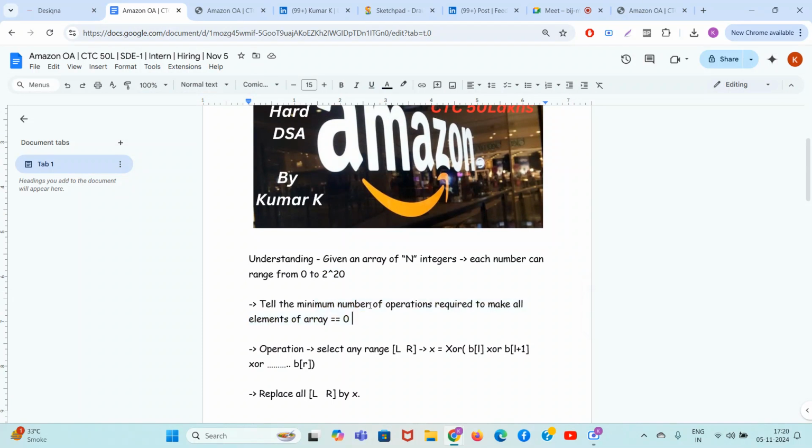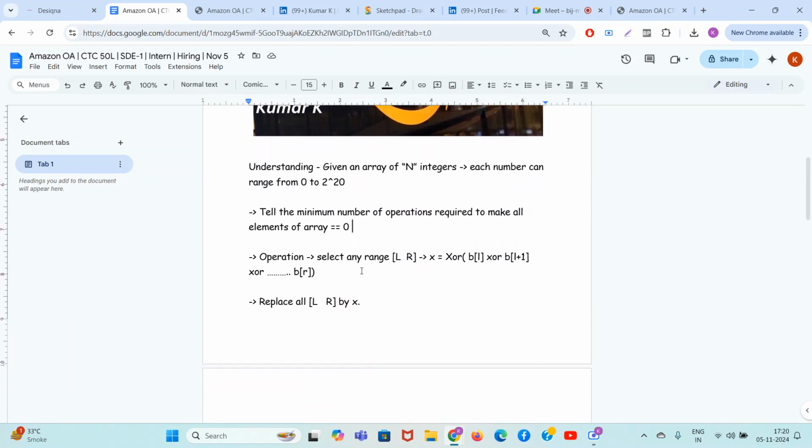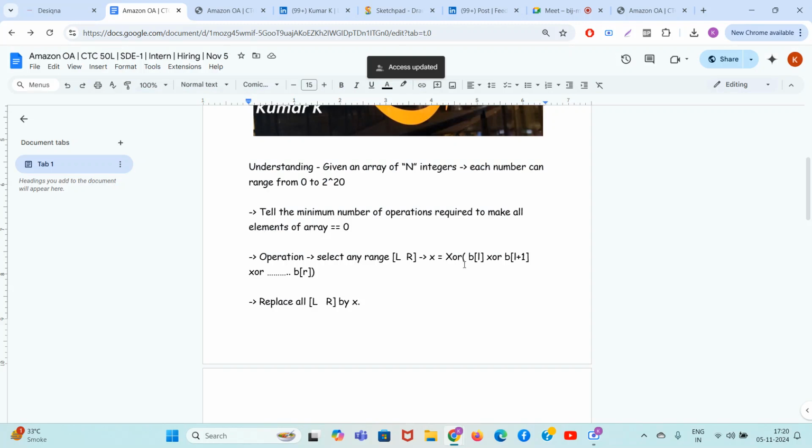So, guys, basically, you want to make all the elements of the array 0. In one operation, you can select any range from L to R and you calculate the XOR of all the numbers in that range. Okay, you have to calculate the XOR of all the elements in the range. Okay, and replace all those numbers by the XOR value.